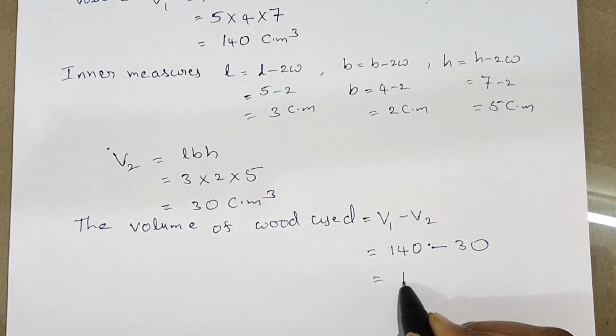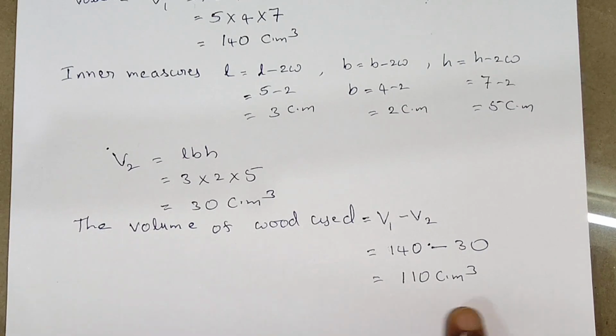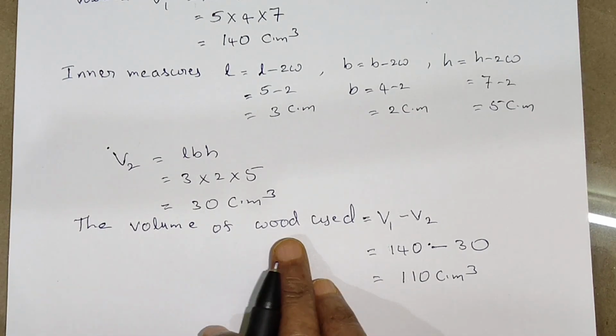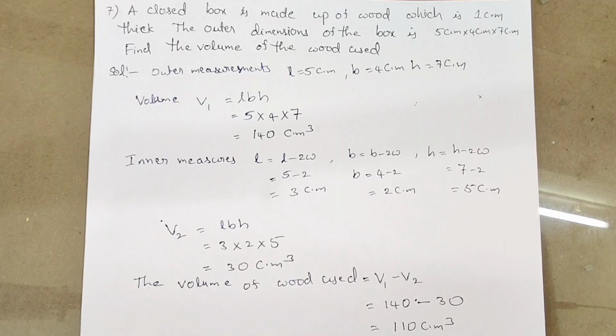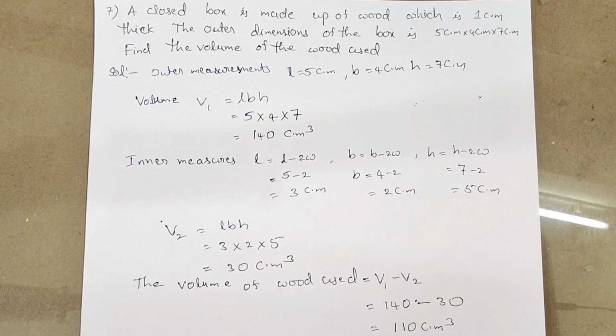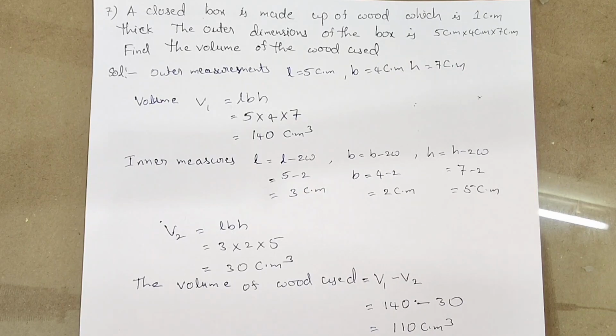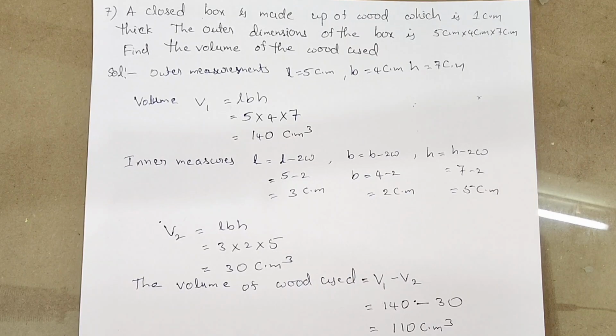So 140 minus 30 equals 110 centimeter cube is the wood volume. So the volume of the wood used is 110 centimeter cube. This is the complete answer to the 7th question.